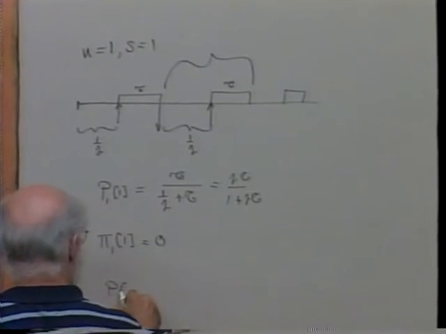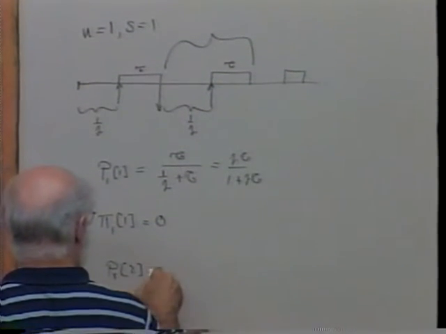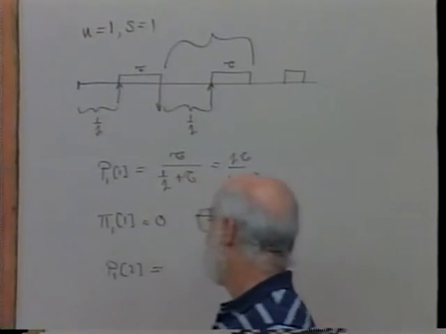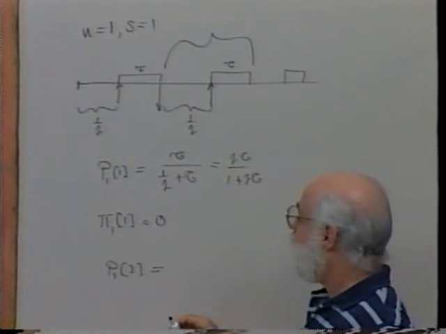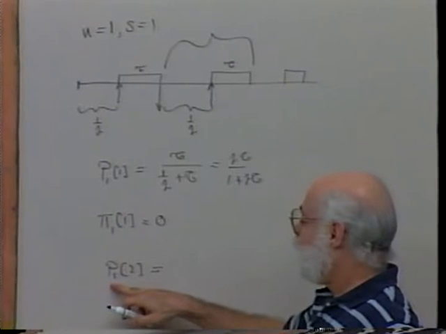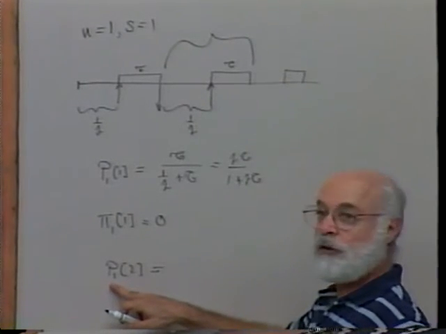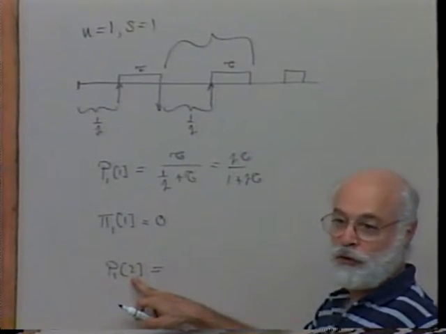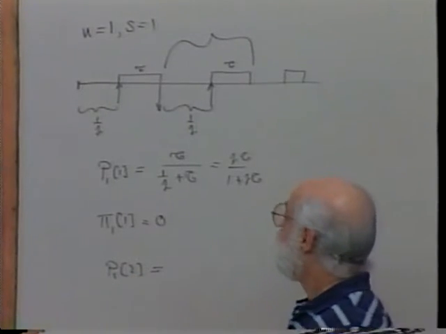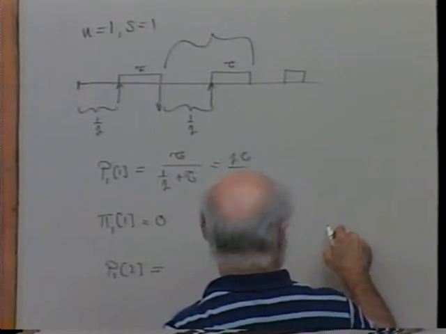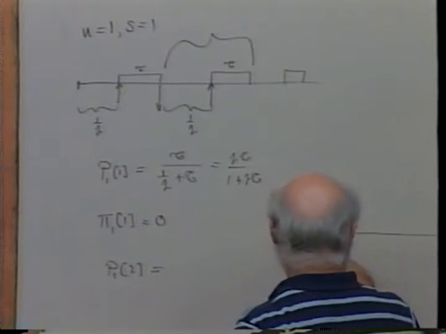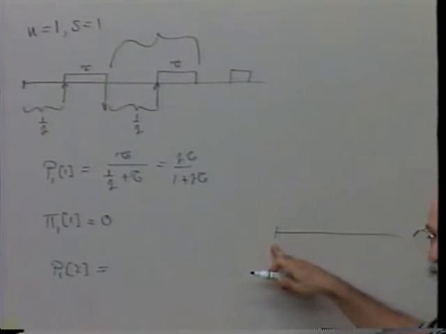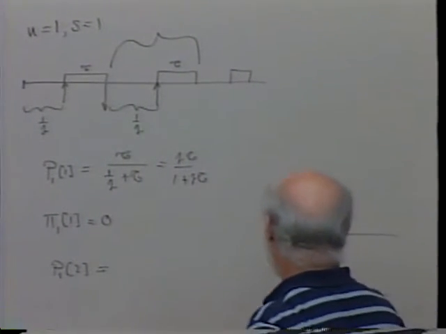Okay, suppose I wanted to calculate P2 sub 1. So now I'm calculating the probability that the system is in state 1 in a system in which there are 2 sources, 2 subscribers. All right, so now we'll draw the diagram again. Initially, you're in state 0, let's say, and then somebody makes a request for service.